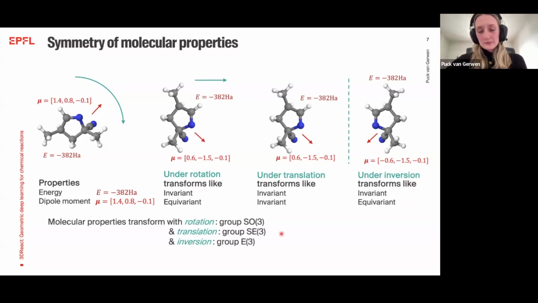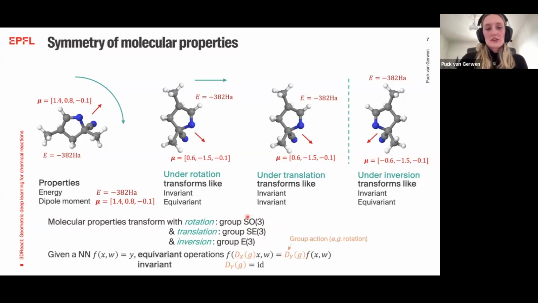And there's a whole mathematics that describes this kind of behavior. This rotation behavior is summarized by the SO3 group. The translation behavior on top of that gives us the SE3 group, and also including inversion gives us the E3 group. These are the natural symmetries of molecules that we really want to be able to encode.